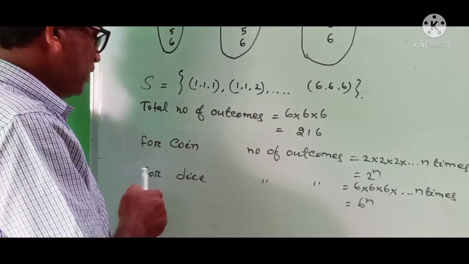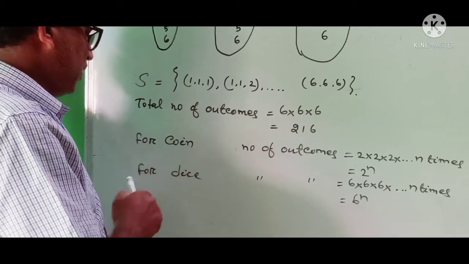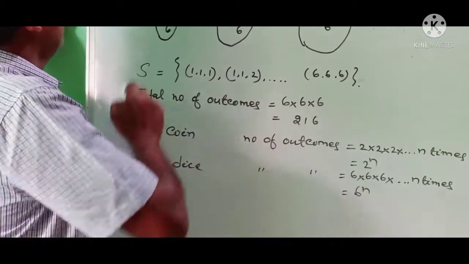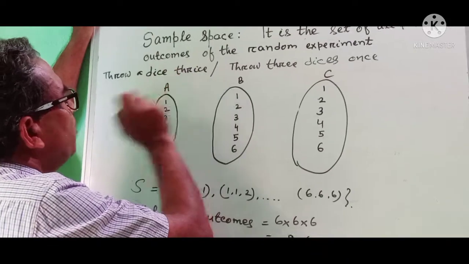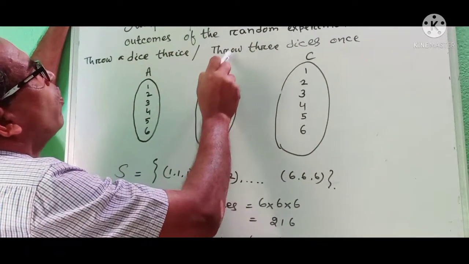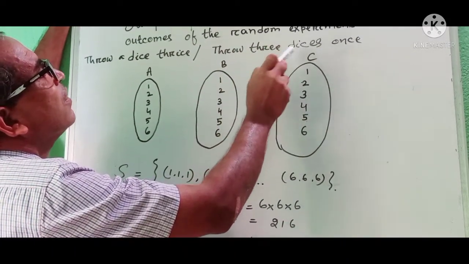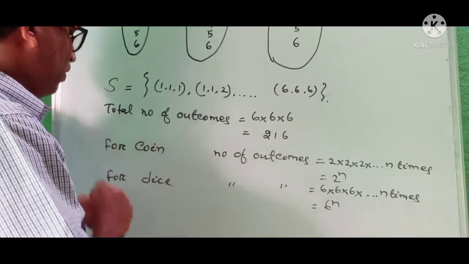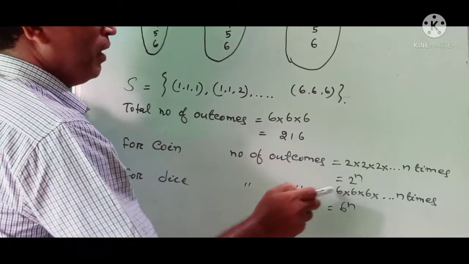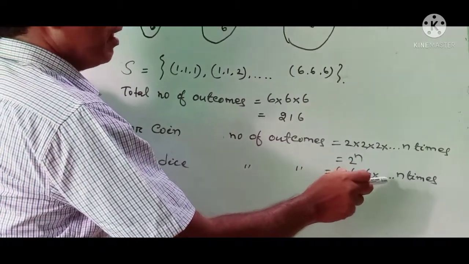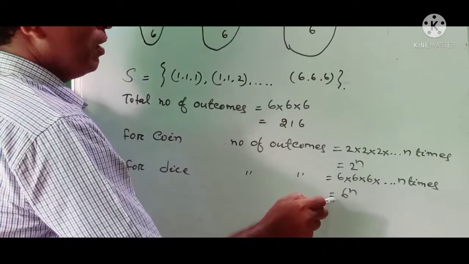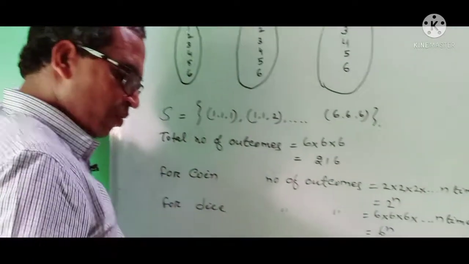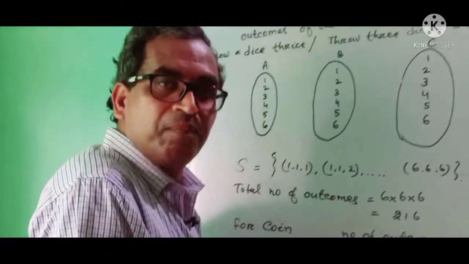Similarly in the case of dice, throw a dice n times or throw n dice once. In that case also, the number of outcomes will be 6 into 6 into 6, like this n times, which is equal to 6 to the power n. So we have applied the counting principle.